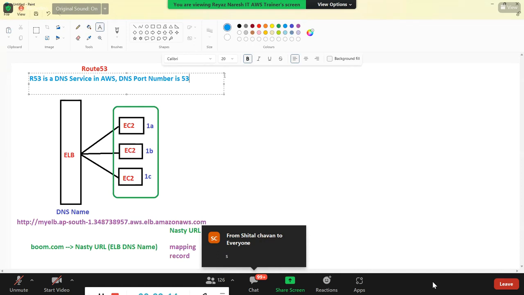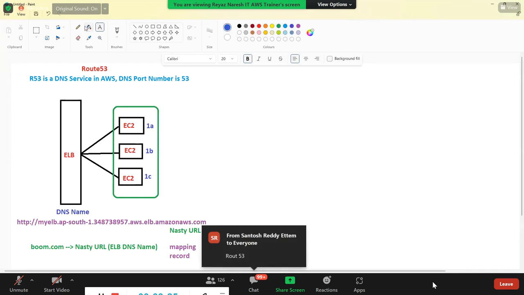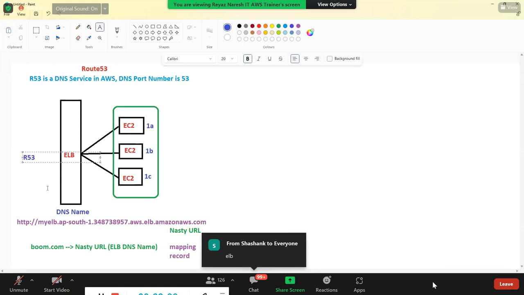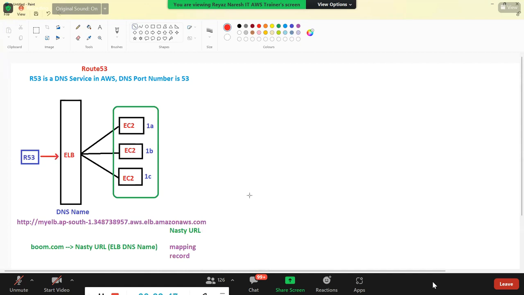Now you tell me, whenever I hit boom.com, which service will it hit first? Will it hit Route 53 first or the ALB first? Remember that first it will hit Route 53. Route 53 has the records, the mapping, and based on the records it will redirect to that particular load balancer.